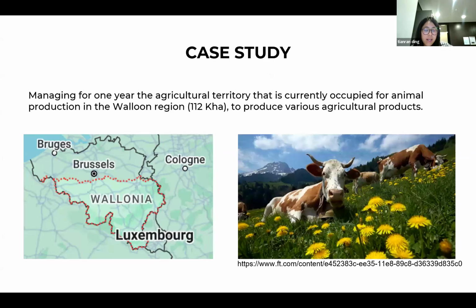We also conducted a case study for this framework. In Belgium, we observed that people consume more meat products than a healthy, balanced diet. So in the future, if we want to reach a lower carbon scenario in Belgium, we need to consume less meat or use less land for meat production.